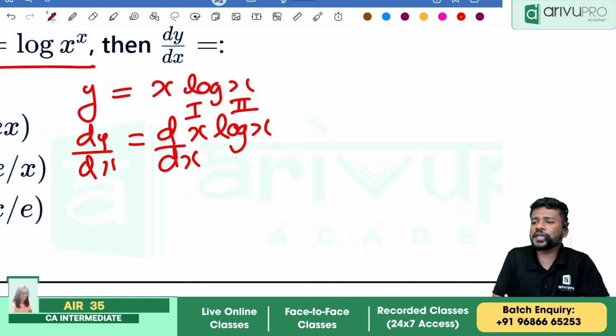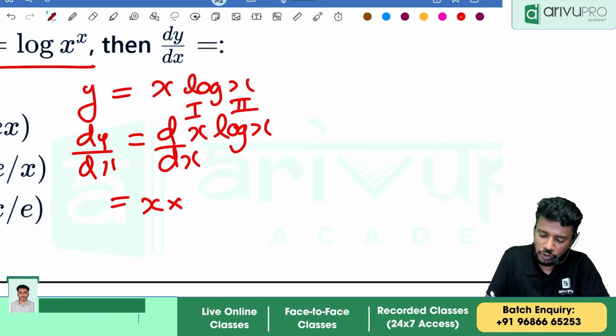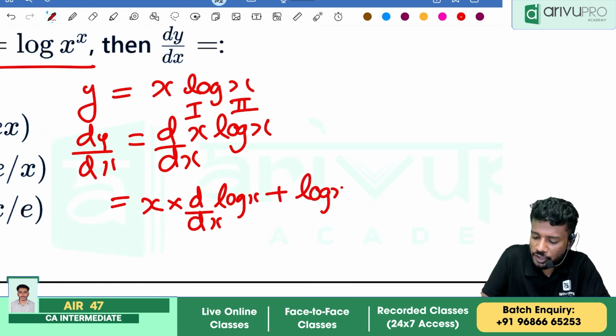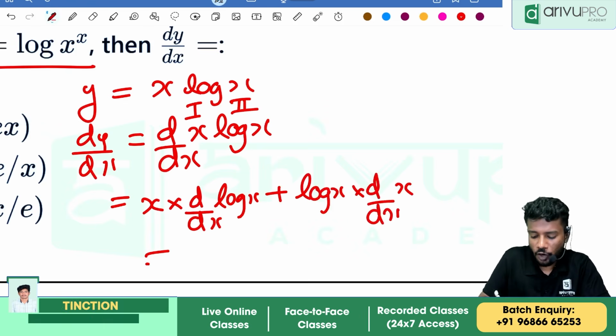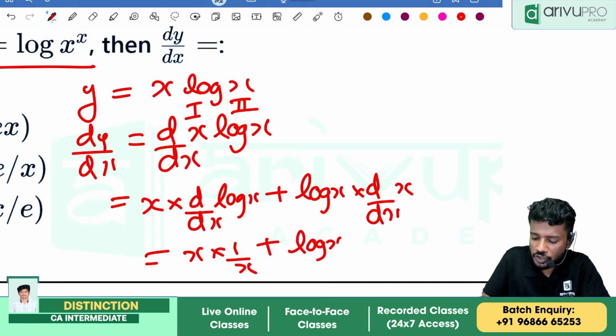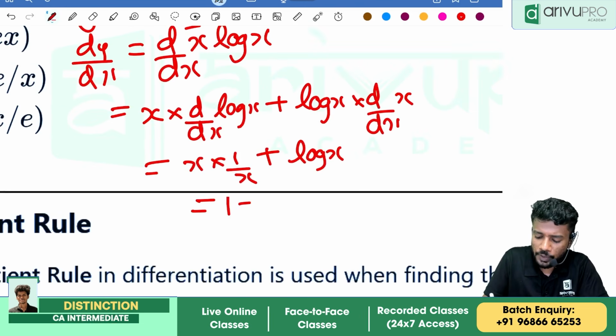Now, what is the first step? First function into d by dx of second function plus second function into d by dx of first function. How much is the answer? x into 1 by x plus log x into 1. That means 1 plus log x is remaining.